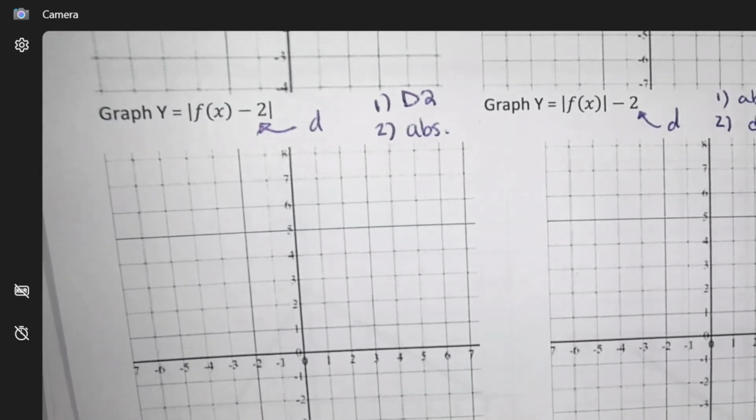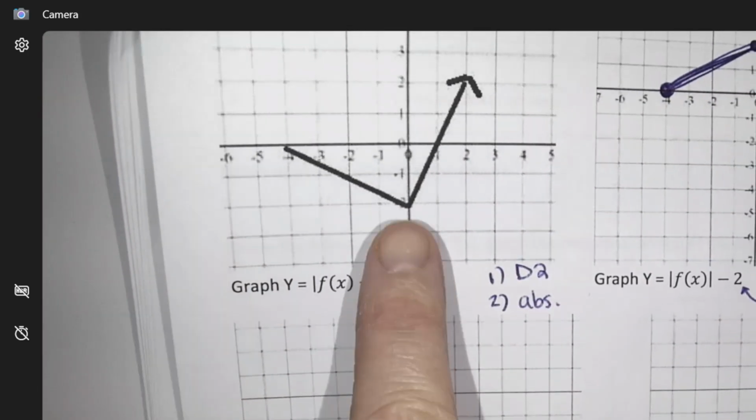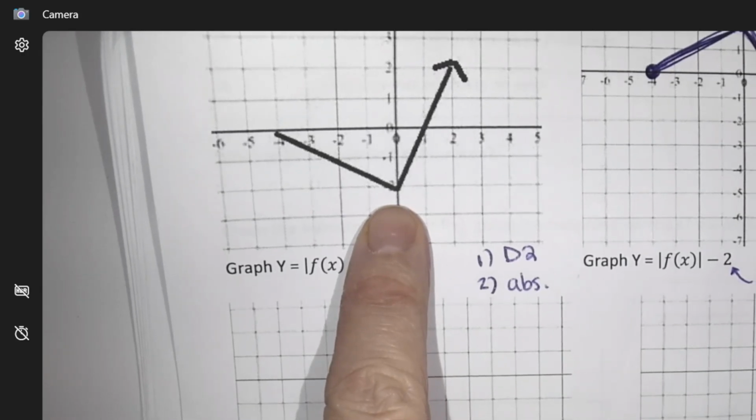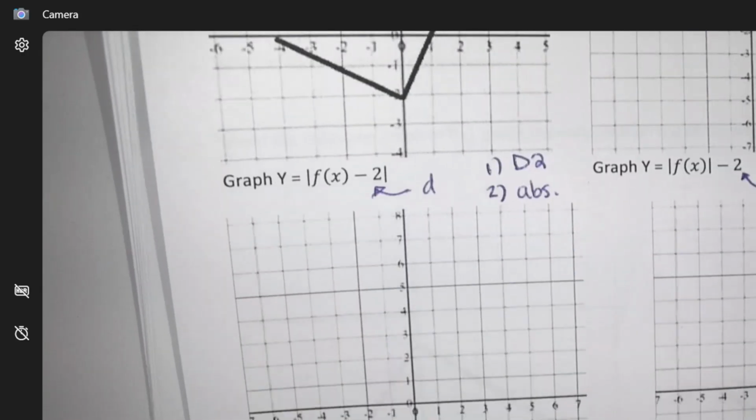Okay, you ready? I'm going to draw my original. So here's my original. Can we shift this thing down to, I'm going to draw it really lightly because it's not my final graph.